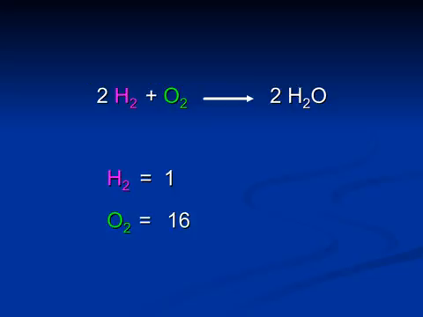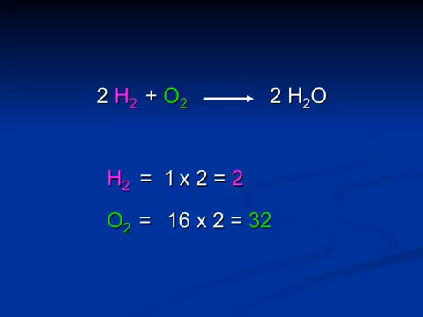But these reactants are in their molecular forms, so we need to double that number. Okay, here's our moles. In 2 grams of molecular hydrogen, we find a mole, 6.022 times 10 to the 23rd, of hydrogen molecules. And 1 mole of molecular oxygen would weigh 32 grams.